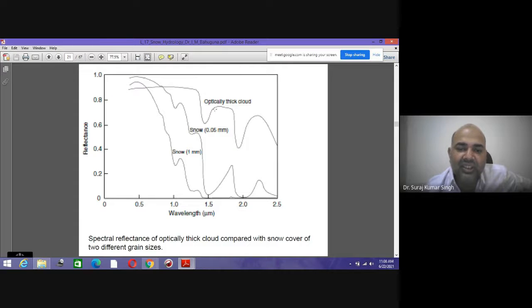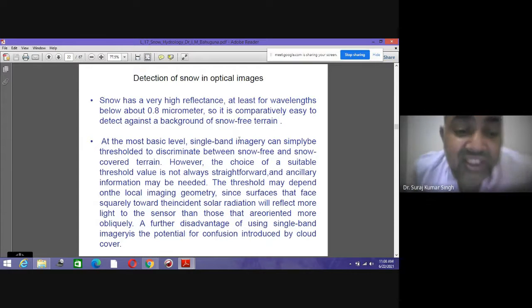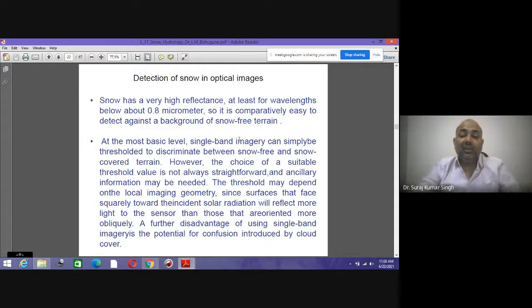You can see how the grain sizes are different, so they are sensed differently in different satellite bands. Snow has very high reflectance, at least for wavelengths below 0.8 micrometer. It is comparatively easy to detect against a background of snow-free terrain.